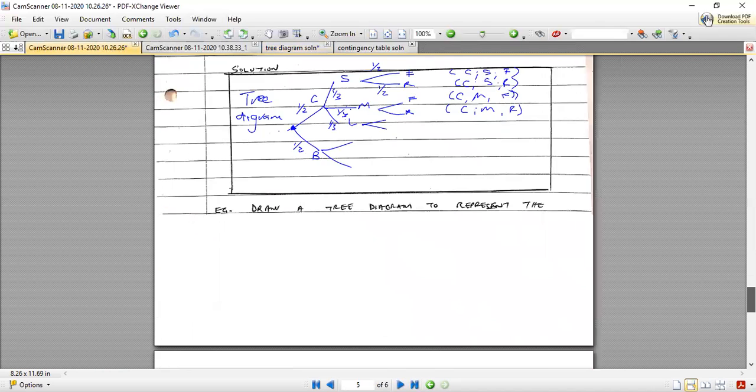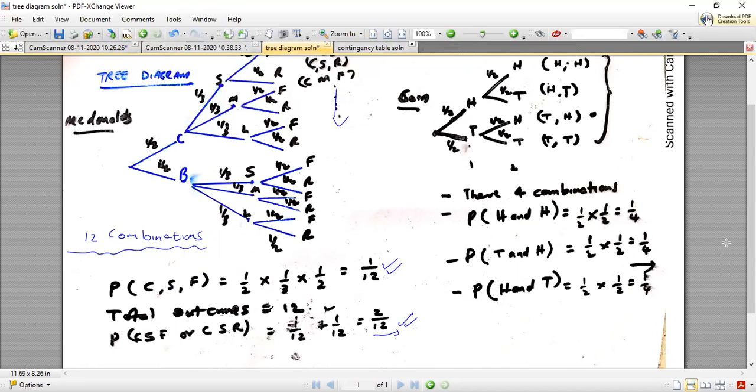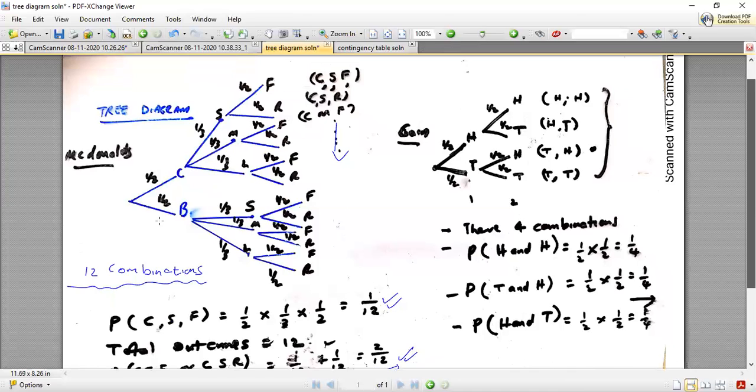In our next question, we are asked to draw a tree diagram to represent the possible outcomes of tossing a coin two times. So tossing a coin two times. So this is compound events. If we want to go through that, we see that in our first toss of the coin, they have listed toss one, toss two.